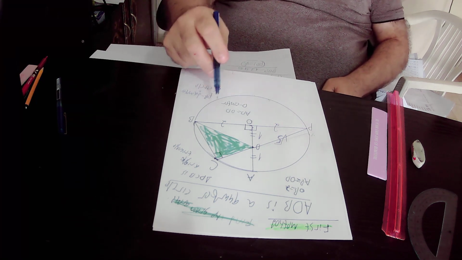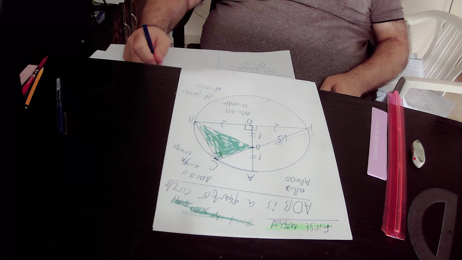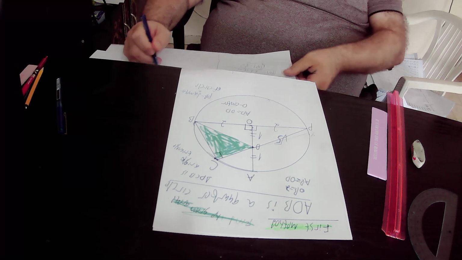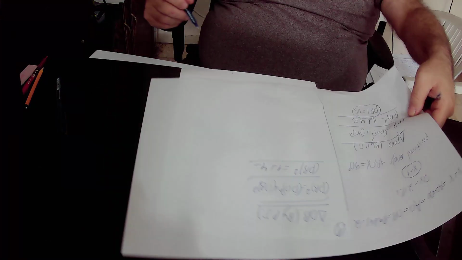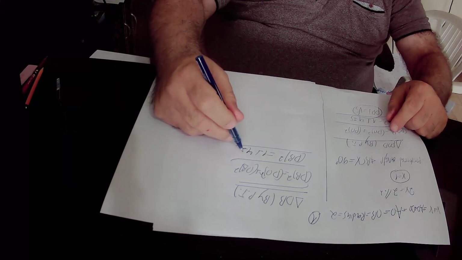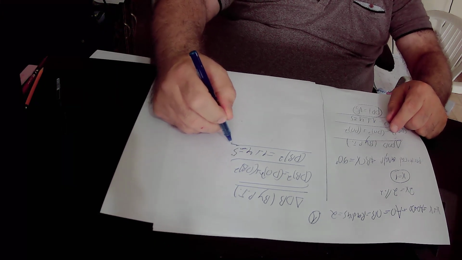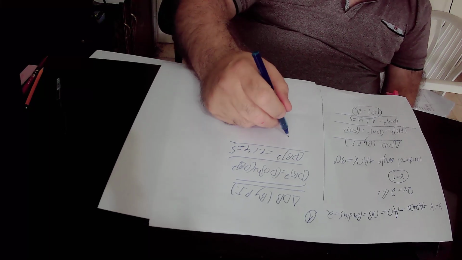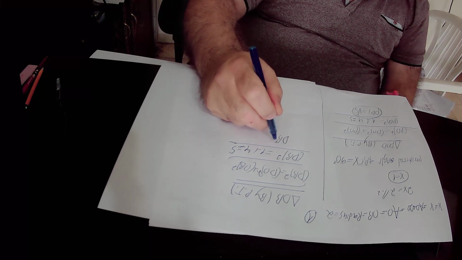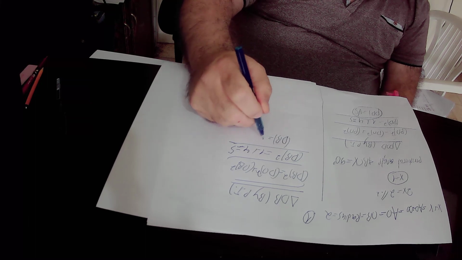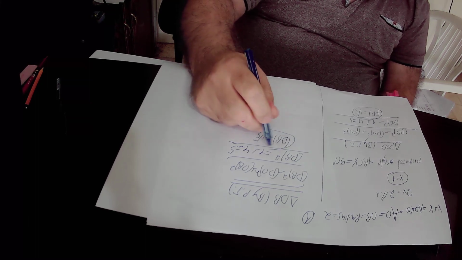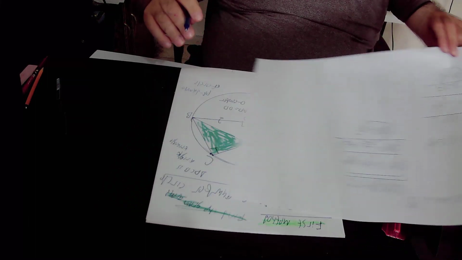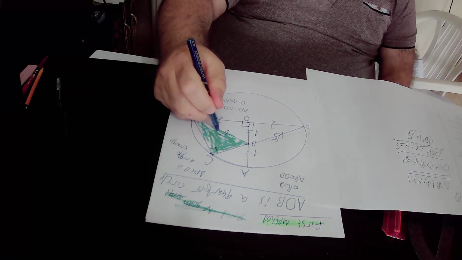OB is 2, so OB square is 2 square, that is 4. So in conclusion, DB square equals 1 plus 4, that is 5. Taking the square root, DB is also equal to the square root of 5 units.